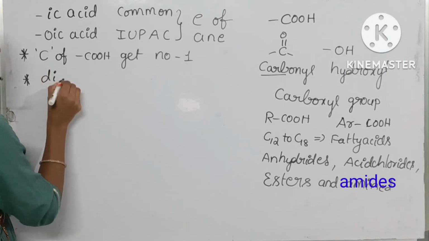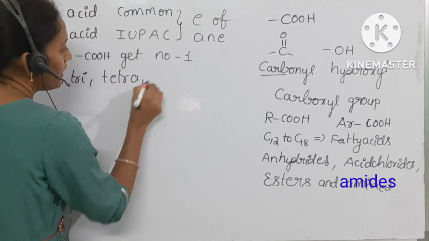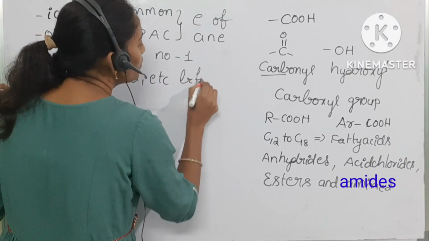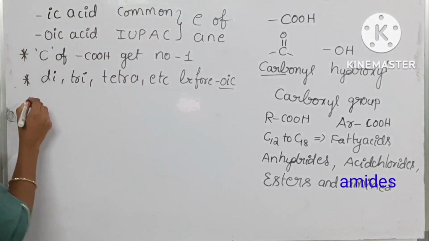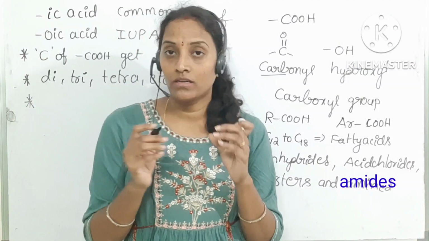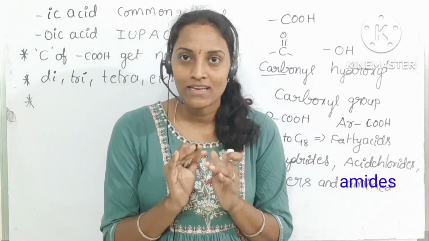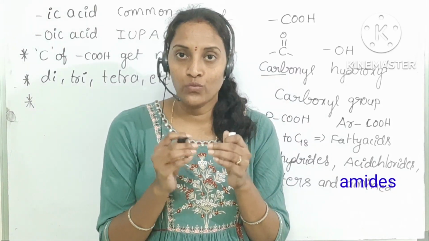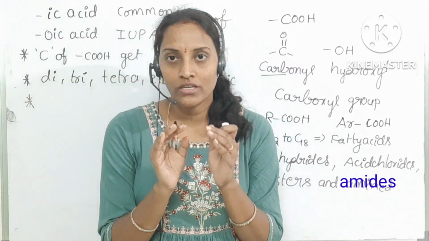See, di, tri, tetra and so on, added before the name oic. This is another rule. And the next one is, if more than one carboxylic acid group is there in that molecule, how can you identify the particular position of the carboxylic group?